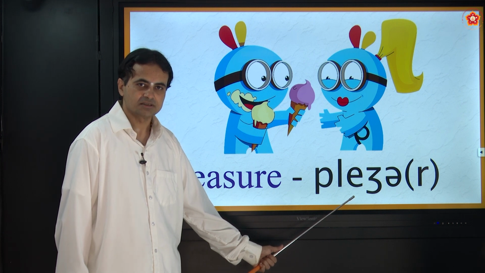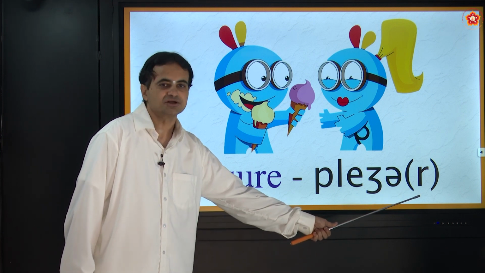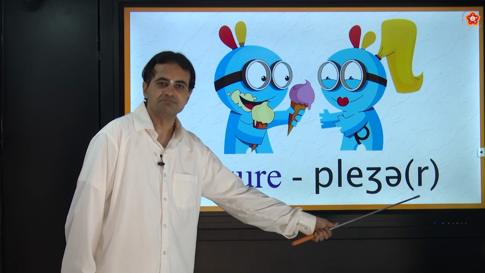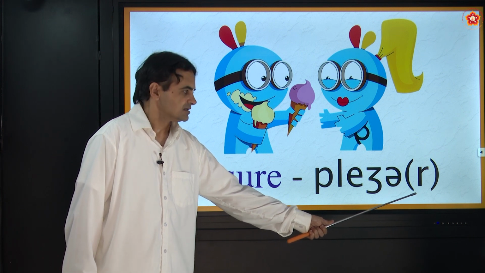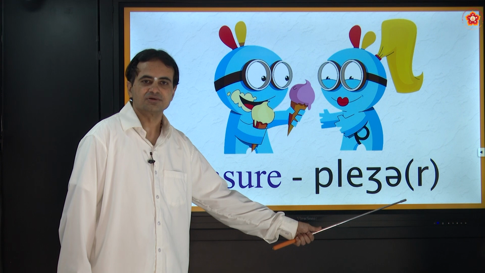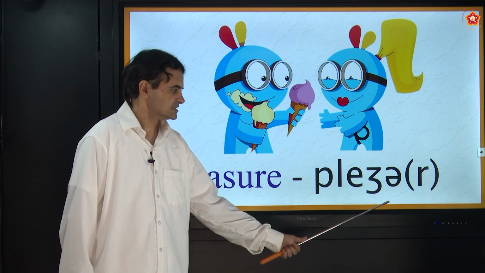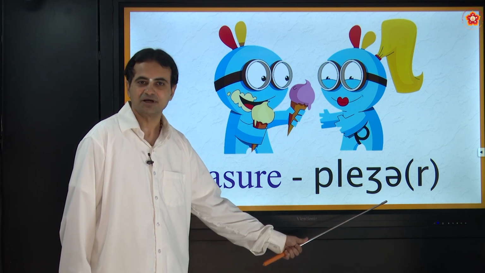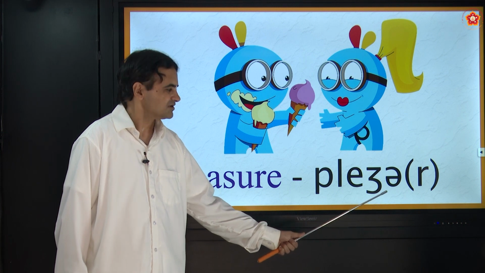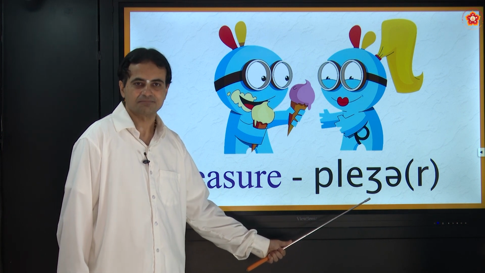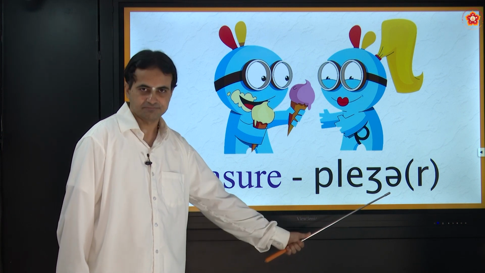And this R should not actually be pronounced. It is given in brackets because it's optional. We don't have to pronounce R. We have to just say pleasure.